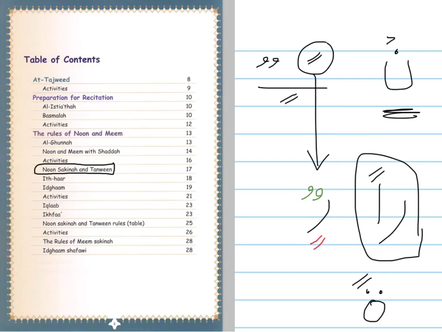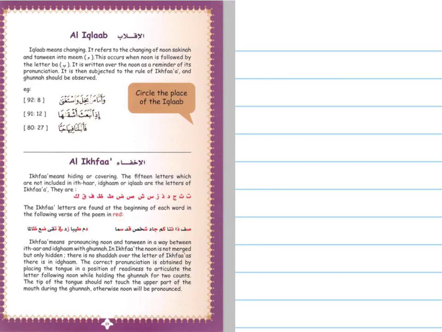So today, in this particular podcast, we are going to talk about the Iqlaab. The relevant chapter is page 23 of your textbook. The rule of Iqlaab is quite easy.